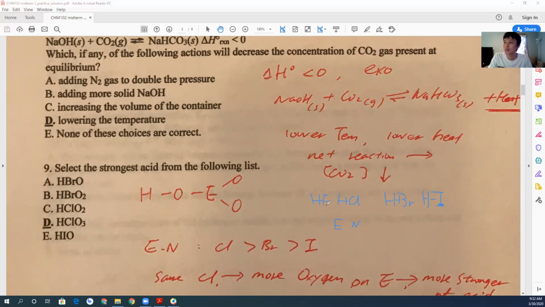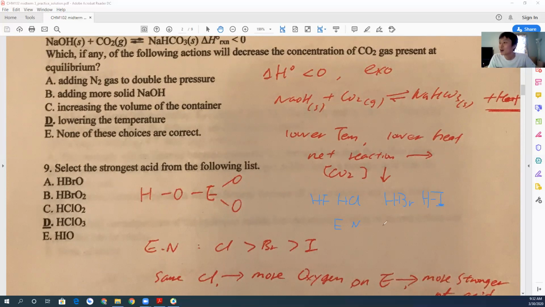That means the acid will be a stronger acid, because the strength of an acid is the ability of the acid molecule to donate that proton. So the weaker this bond, the stronger the acid. I mean the opposite, I'm sorry: the stronger this bond, the weaker the acid. So the weaker the bond, the stronger the acid.